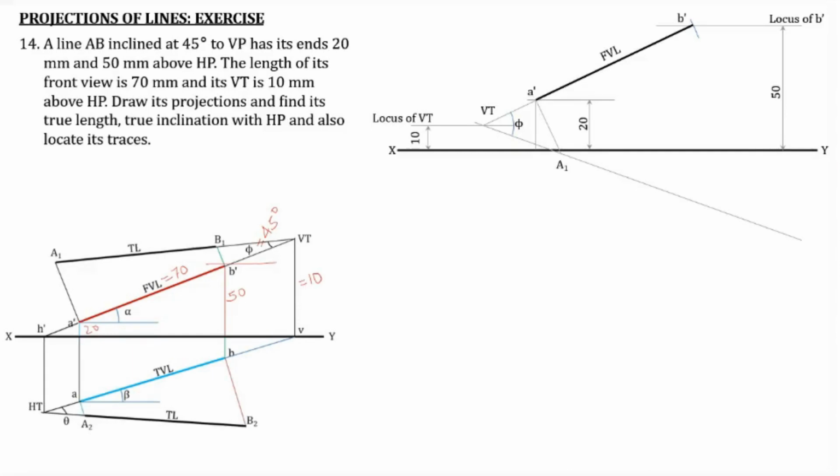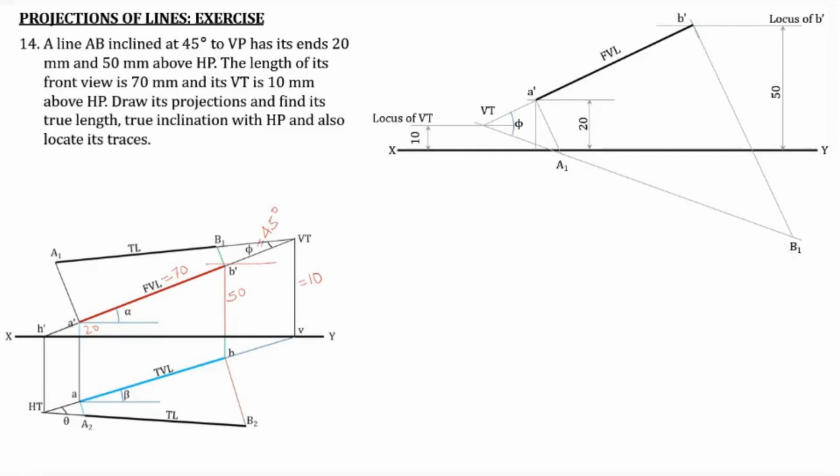And the point of intersection of this line with the true length line will give you the point A1. Similarly, you can draw a line from B dash which is perpendicular to A dash B dash, and the point of intersection of that line with the true length line will give you the point B1.